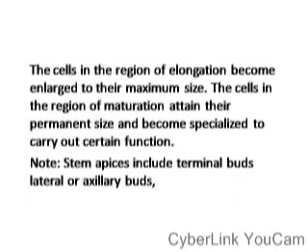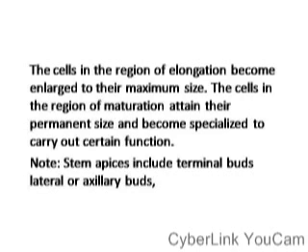The cells in the region of elongation become enlarged to their maximum size, while the cells in the region of maturation attain their permanent size and become specialized to carry out certain functions. I told you that the region of elongation follows the region of cell division, and the region of cell differentiation or maturation follows the region of cell elongation.